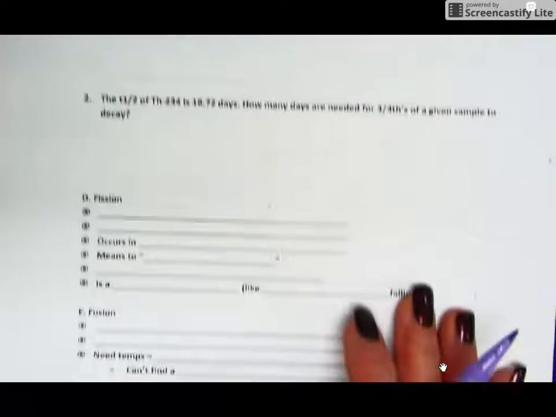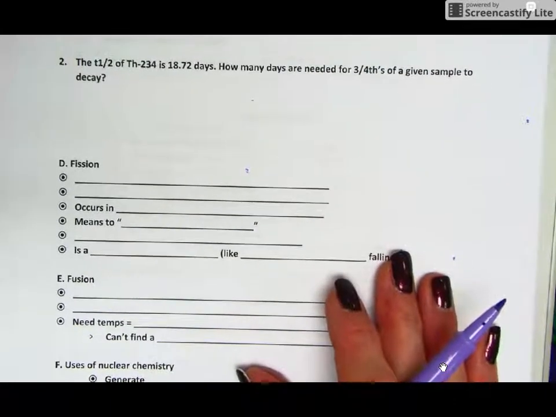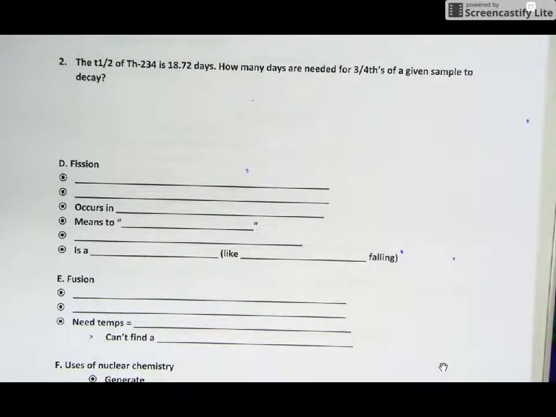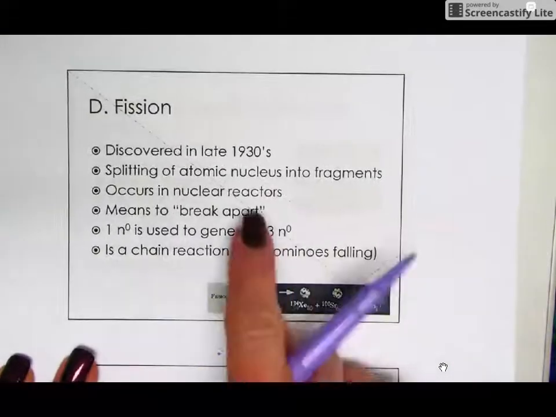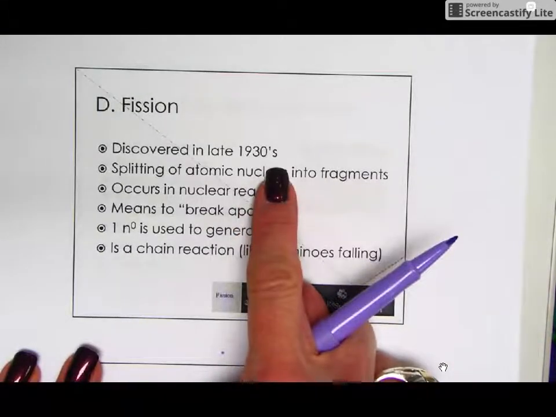All right, the last two things here are fission and fusion. So let's talk about that real briefly so we can focus on the calculations tomorrow in class. Fission was discovered in the late 1930s.